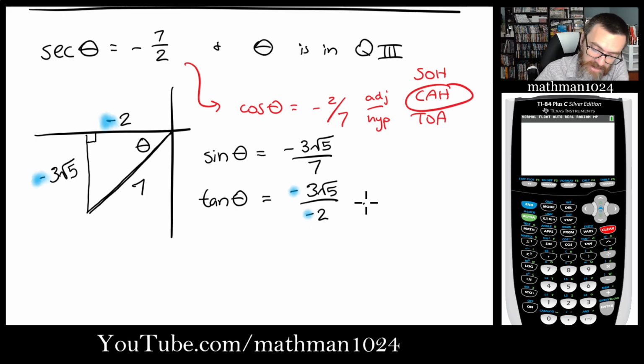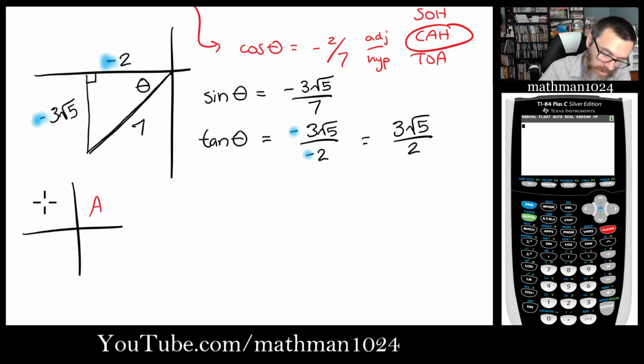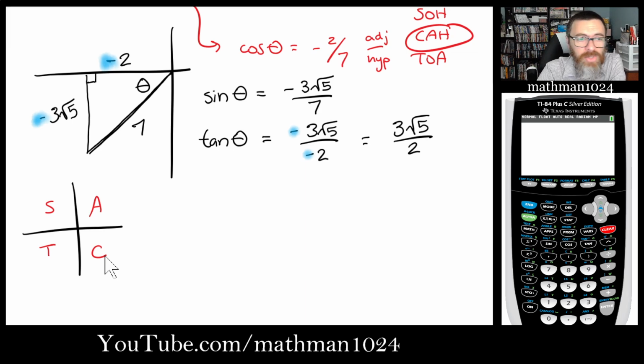Negative divided by negative is going to turn this into a positive value, which, as you will recall, I hope, all students take calculus. So we're in quadrant 3, and as such, only tangent and his reciprocal will be positive. Everything else is going to be negative.